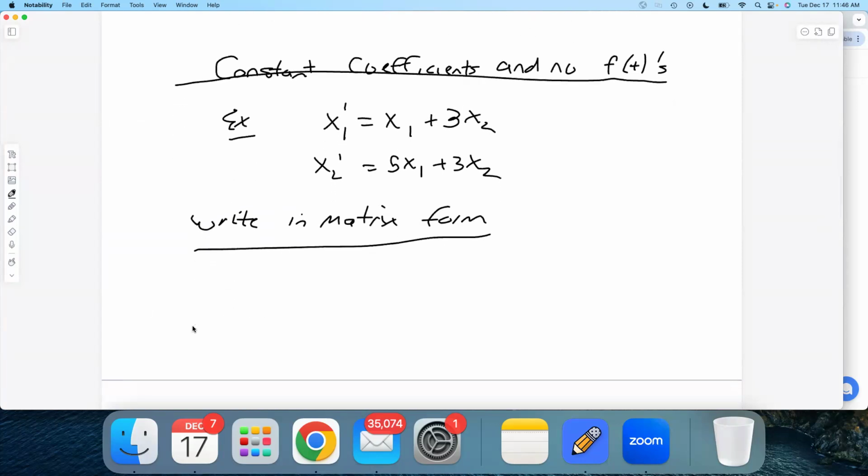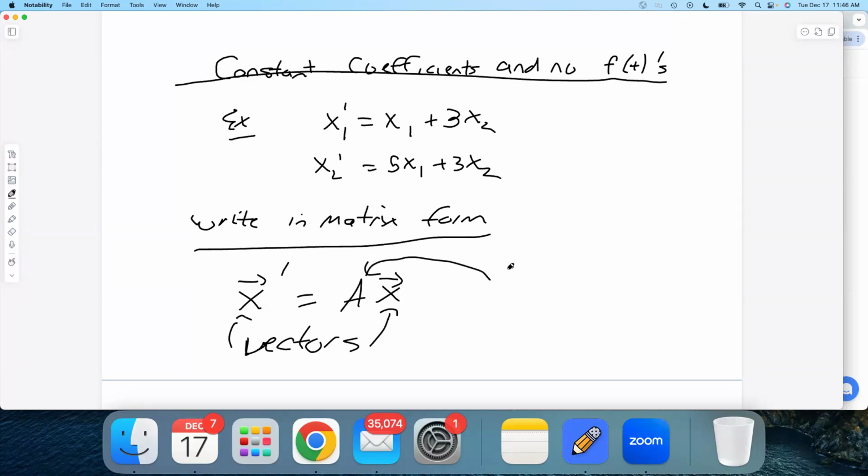But I'm going to teach you everything you need to know to do these. So I want to write my equation in the form some vector x prime equals some matrix A times some vector x. So these guys are vectors, and that guy there is a matrix.